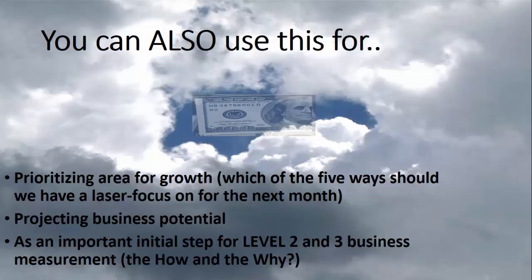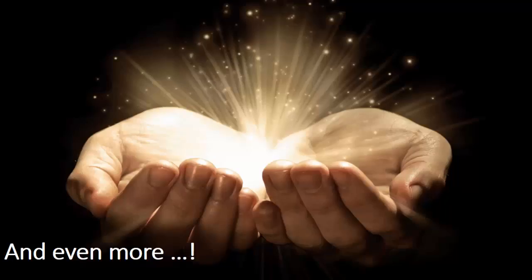And of course, it's an important initial step for level 2 and level 3 business management, i.e. the how and the why these numbers are as they are, which is invaluable information for being able to work on those 5 areas in more detail. We're going to cover measurement in a future video session. And there's even more.